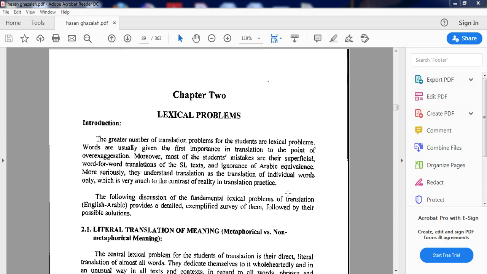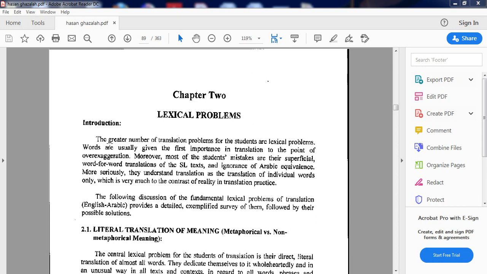Actually, the writer here gives an introduction, telling us that we have many problems related to lexical relations, or the biggest number of problems encountered in translation is related to problems with lexical relations.